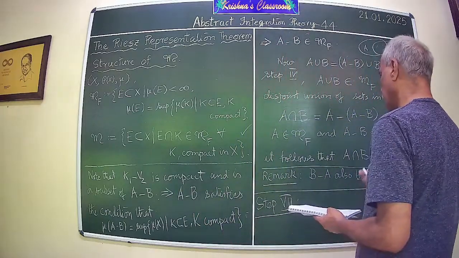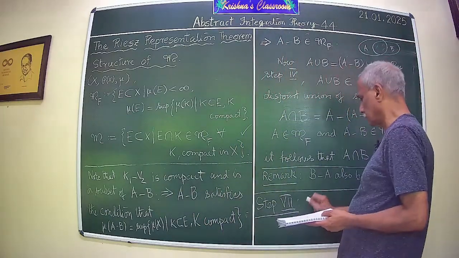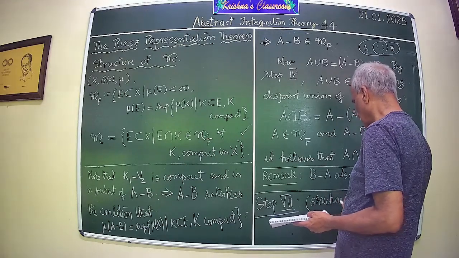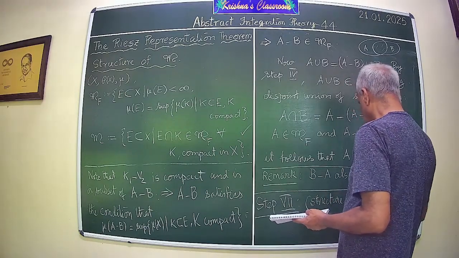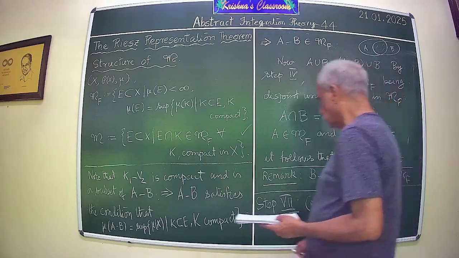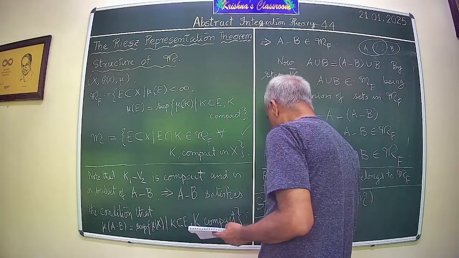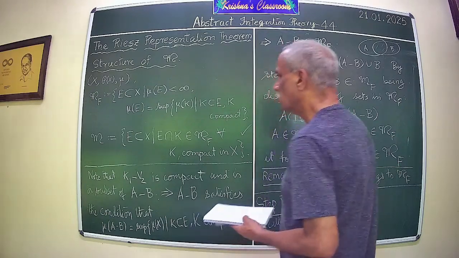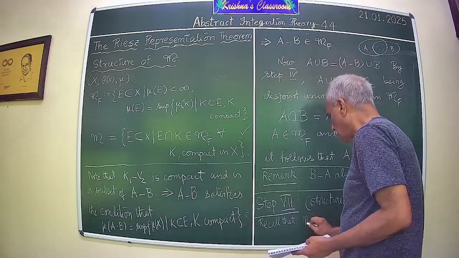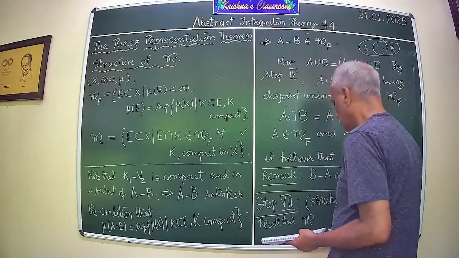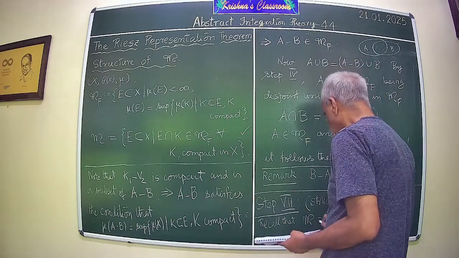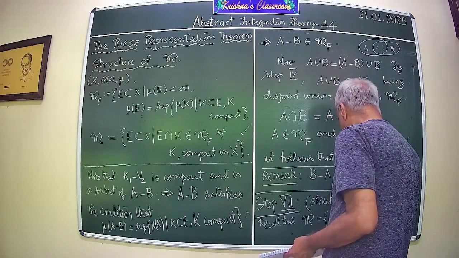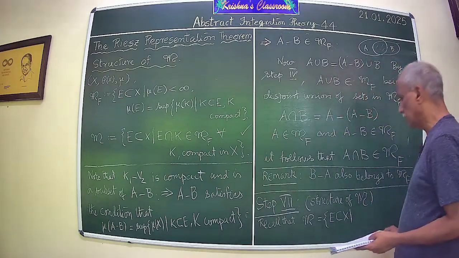So we are now going to the structure of M. Recall that M consists of all those E contained in X such that E intersection K belongs to MF for every K compact.